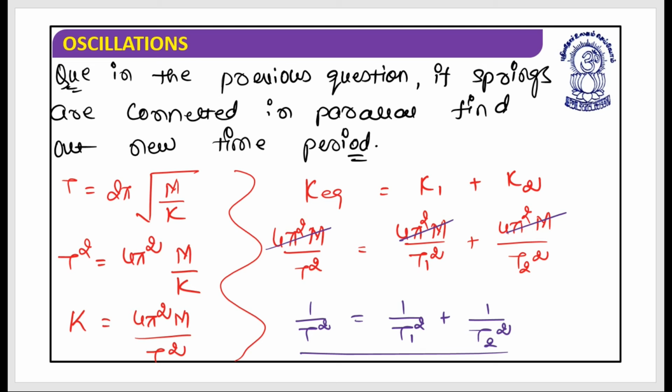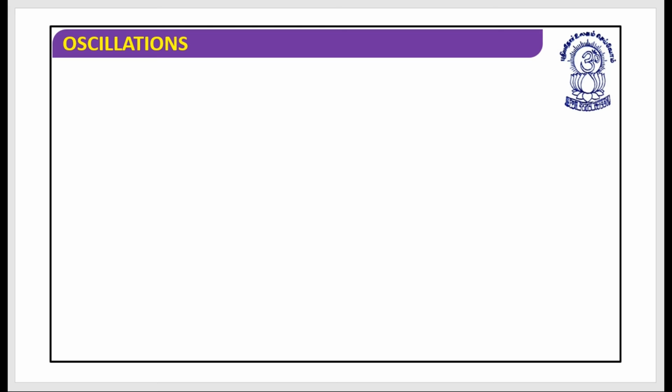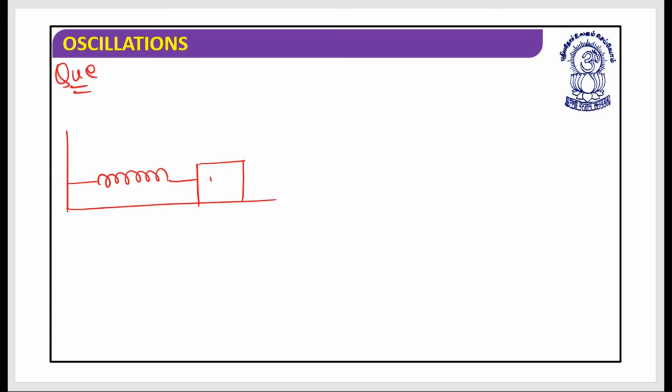Now let's try to vary the mass and see how the effect occurs. Let's suppose the question is this situation: this was the spring, and with this spring a block has been connected. The block has mass m1 and the spring has spring constant k.